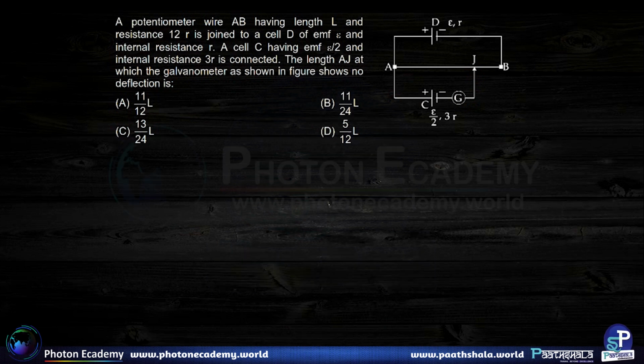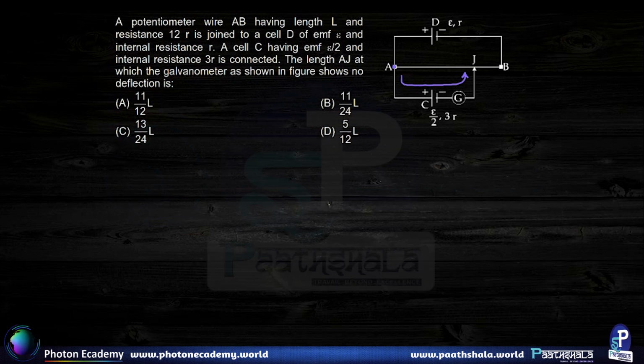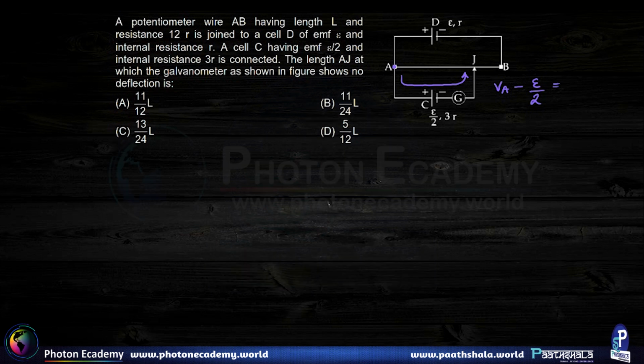Now it is very easy to understand that if there is no current passing through the galvanometer, then if we use Kirchhoff's law from point A going along this path to the point J, the voltage at point A minus E by 2 is going to be equal to the voltage at point J. This is very apparent if we just use Kirchhoff's law along this path.